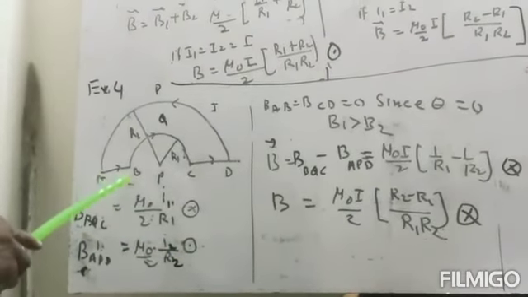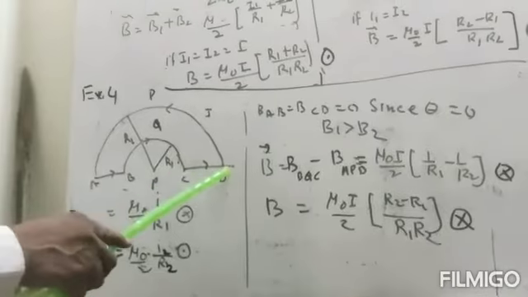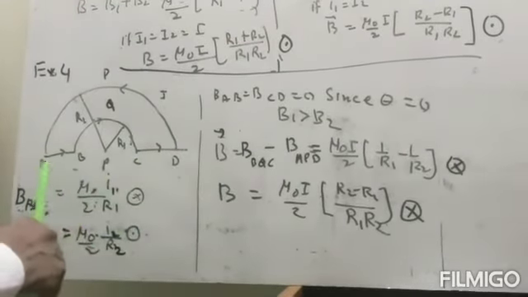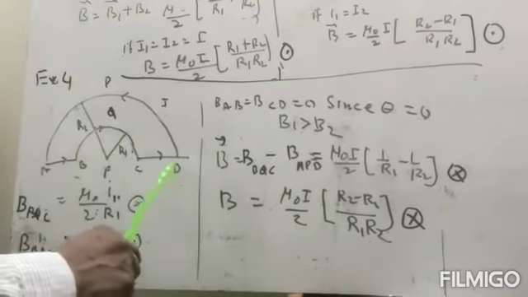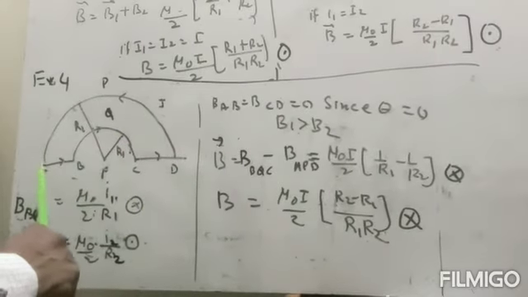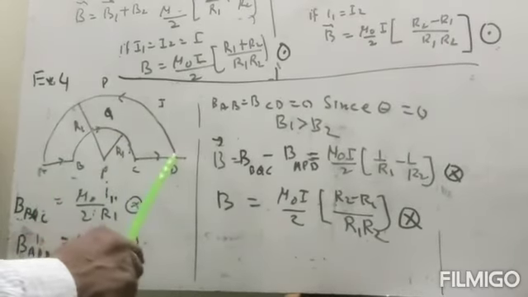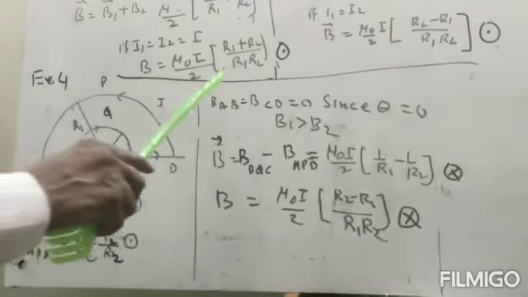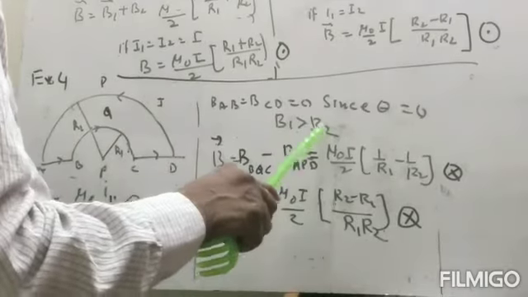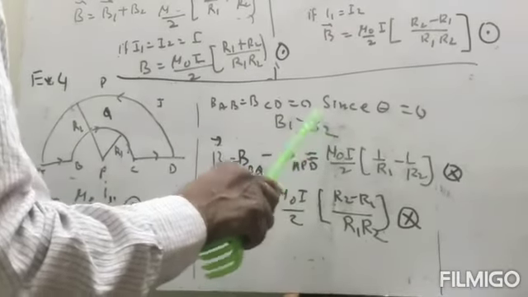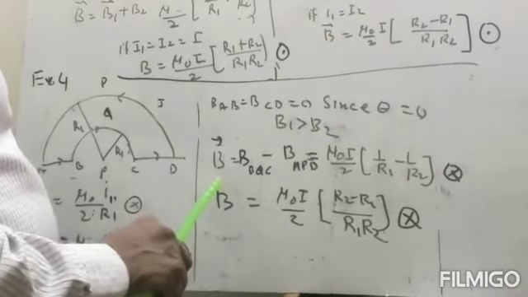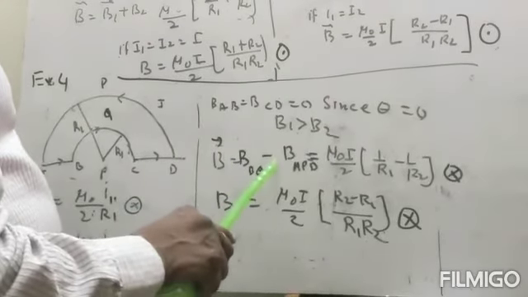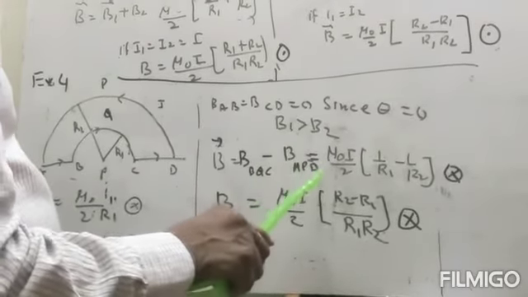Now for the straight portions AB and CD, the magnetic field will be 0 because they are in the same line, so theta is equal to 0. Therefore, the magnetic field due to the straight portions AB and CD is 0. So the total magnetic field will be B1 minus B2 because B1 is greater than B2. So the total magnetic field is BQC minus BAPD.